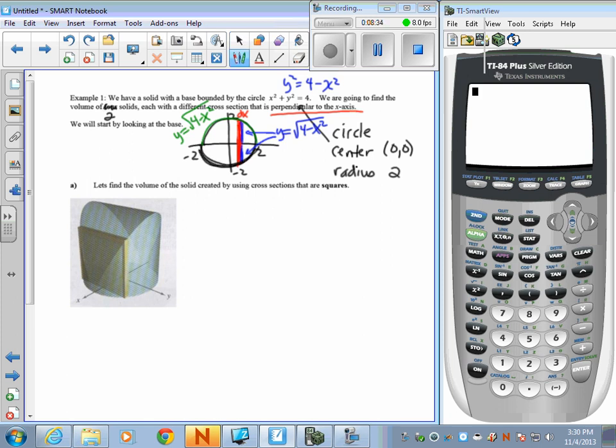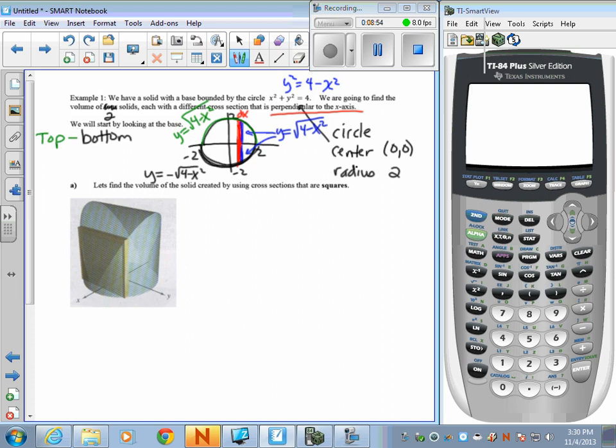The bottom curve is going to be y is equal to negative square root of 4 minus x squared. So you can look at it as subtraction, the top minus the bottom, the big one minus the little one. So top minus the bottom is another way to look at this particular problem.